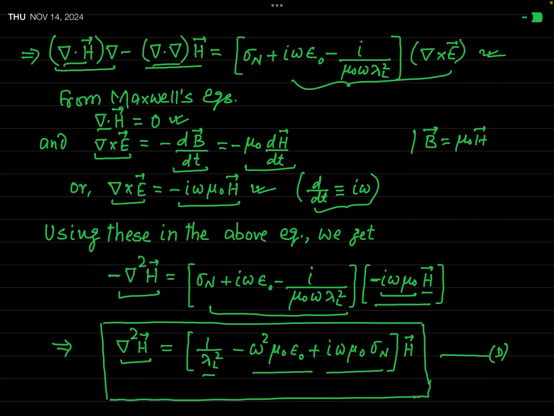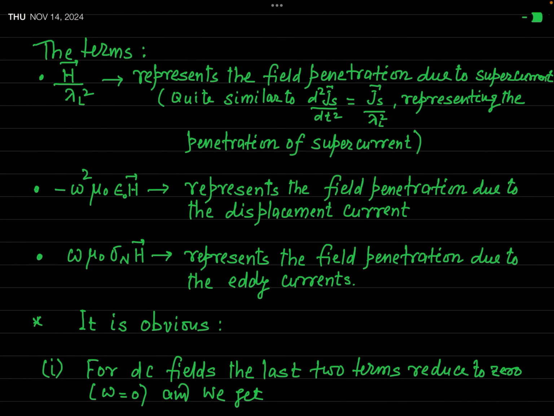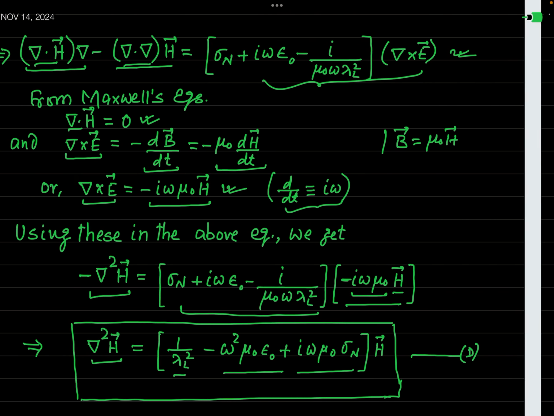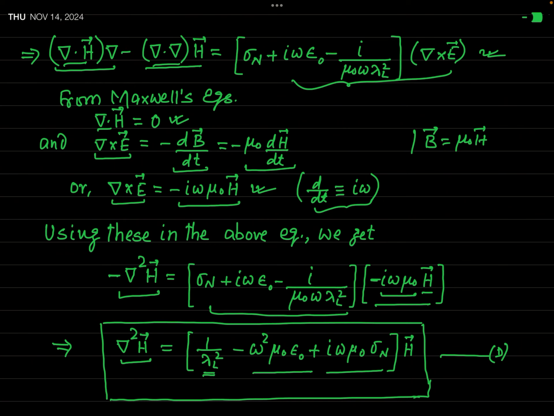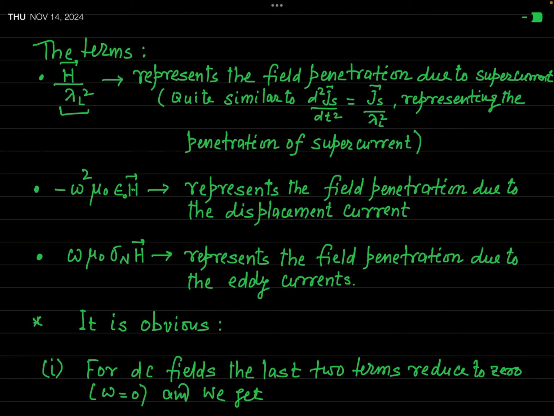Now in this result, what do the different terms in the RHS represent? You can see the first term, H over lambda L square, where H is common. This represents the field penetration due to the supercurrent. It means how much the magnetic field will penetrate into the surface of the material is represented by this term.